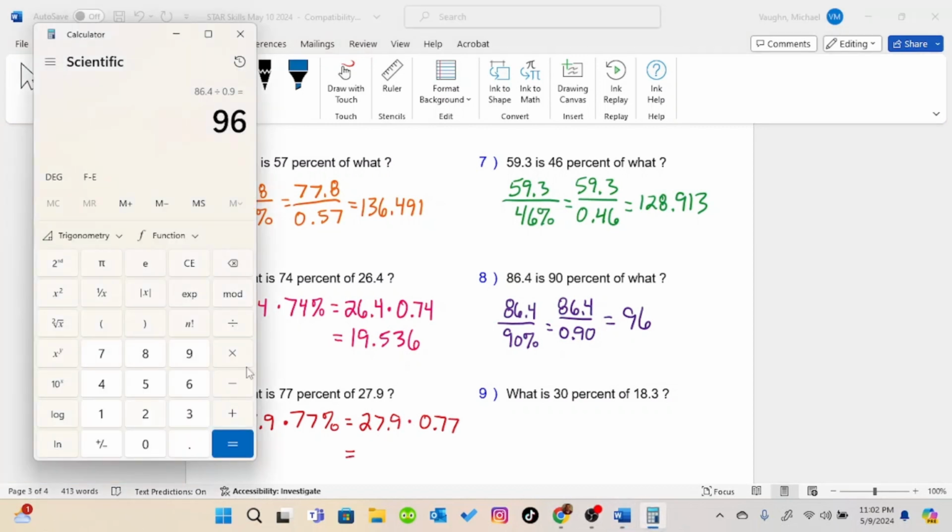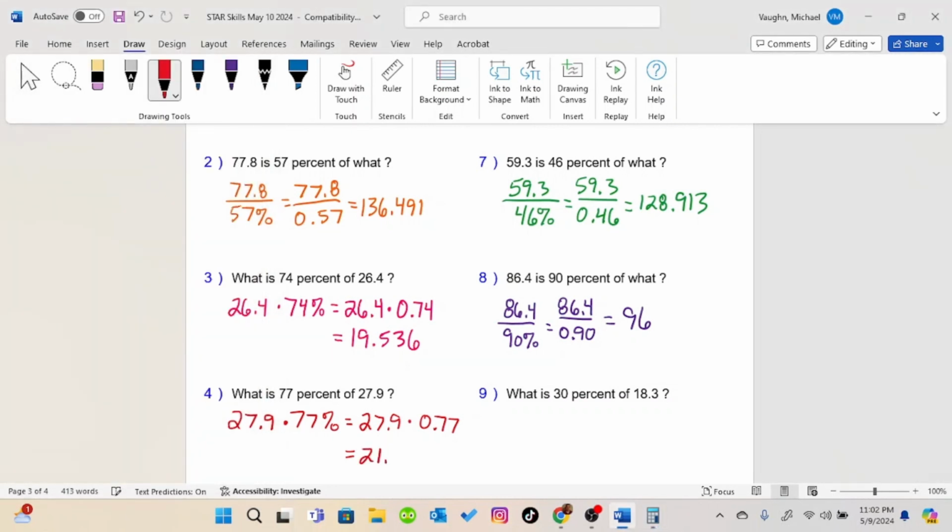Put that into a calculator, and that equals 21.483. So 21.483 is 77% of 27.9.